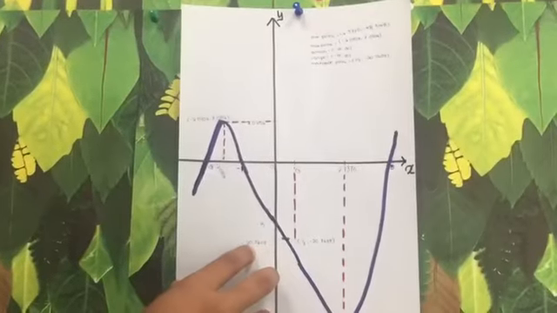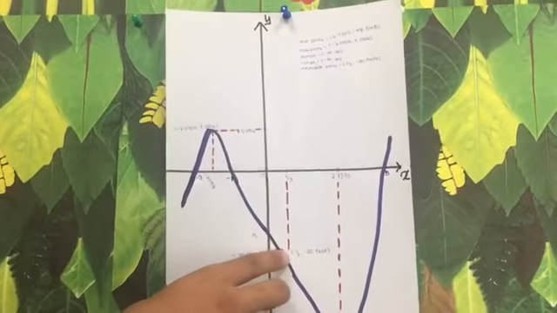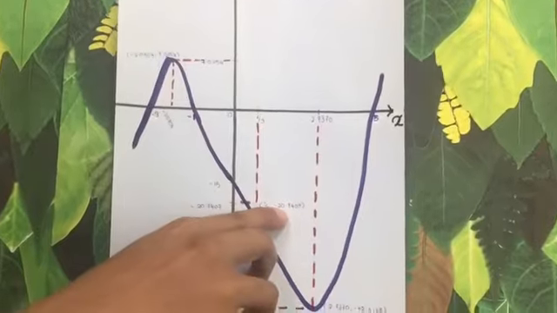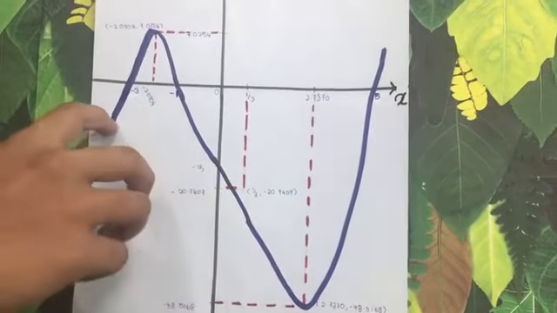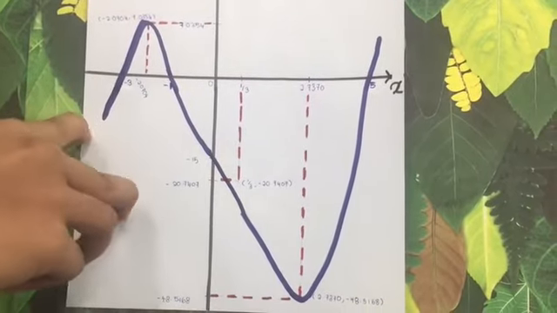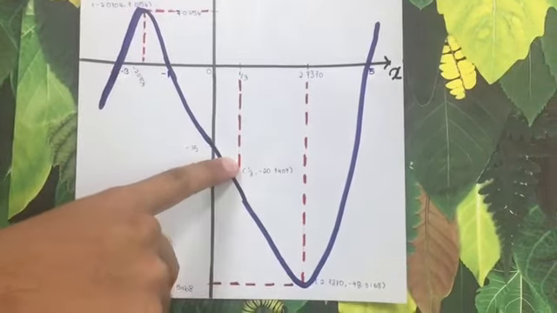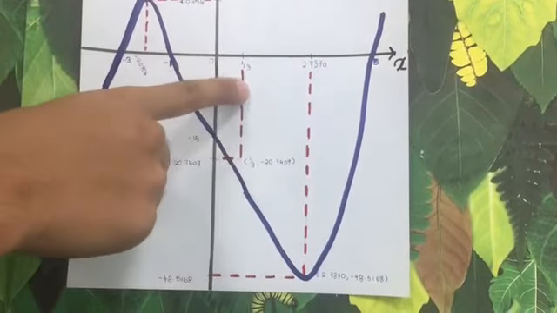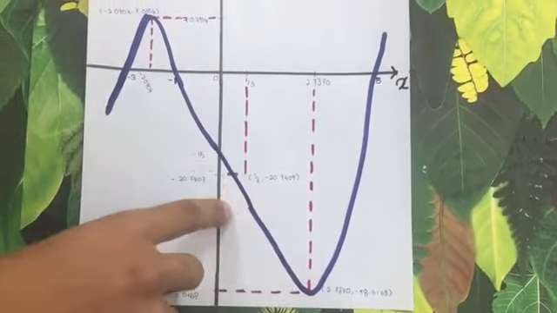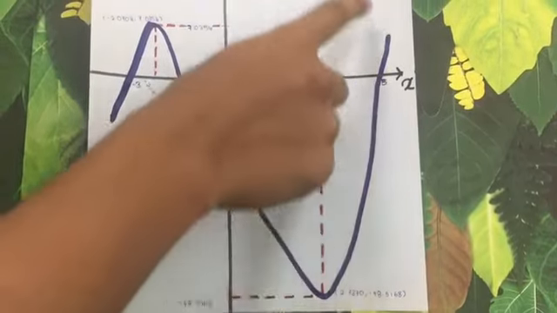Next, the point of inflection is (1/3, −20.7407). For the concavity, from negative infinity to 1/3 the graph is concave downward, and from 1/3 to infinity the graph is concave upward.